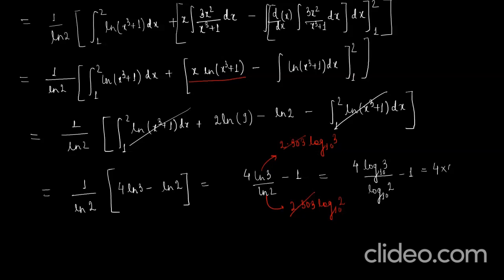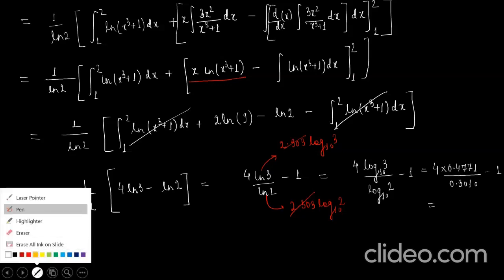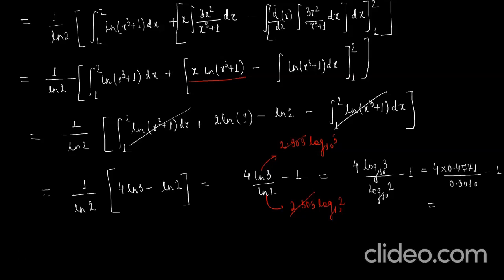So 4 into 0.4771 upon 0.30 minus 1. You can take the first two terms after the decimal point for calculation. These two terms you can keep and leave the rest of the terms.